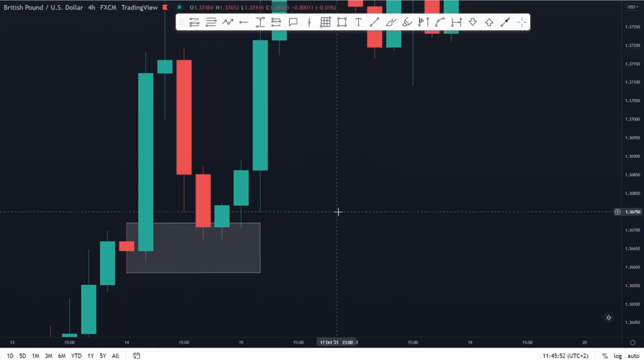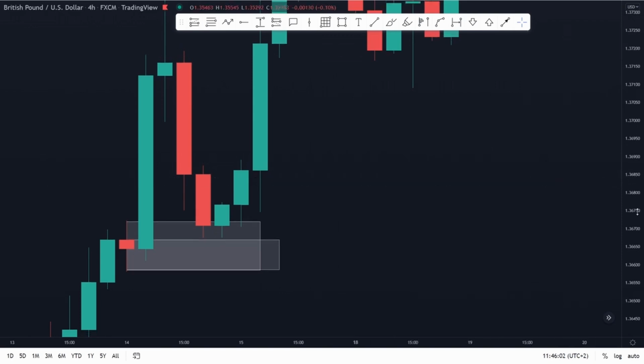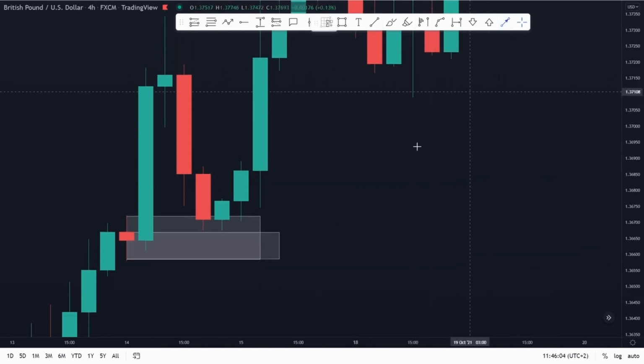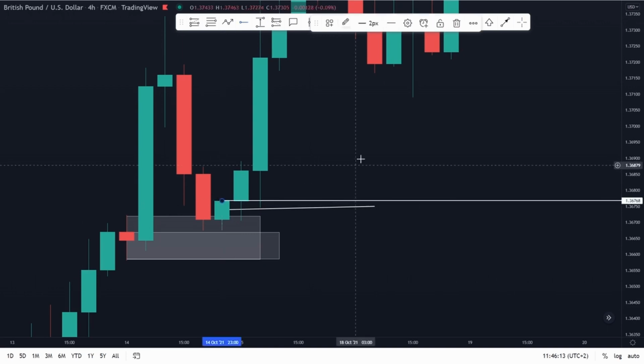So you can use both and draw the inside one, something like this. So our confirmation candle is this one. Where is our entry? At the close of this candle, and then we put our buy order below.